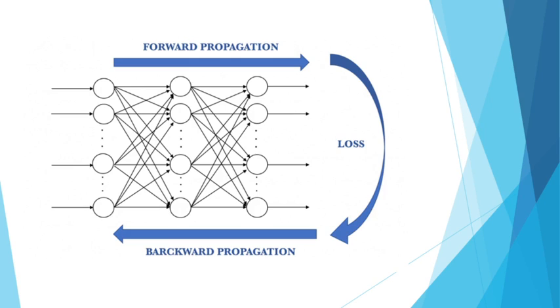Here you can see the diagram of forward propagation, how it works layer by layer: the input layer, then the hidden layer and the output layer.